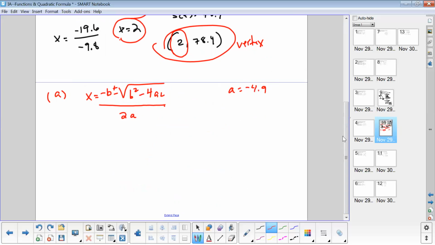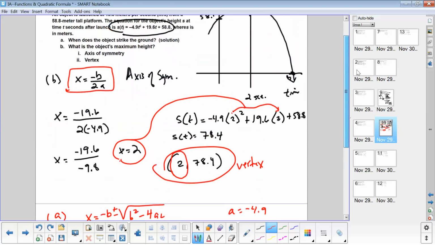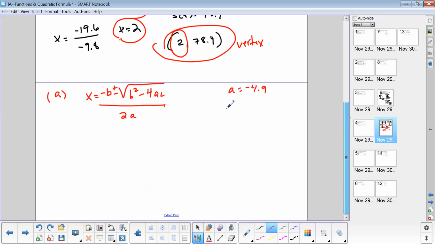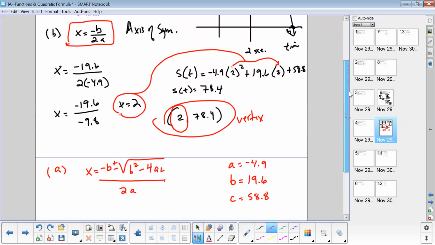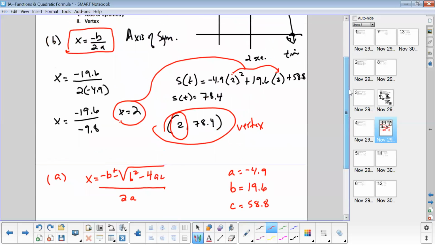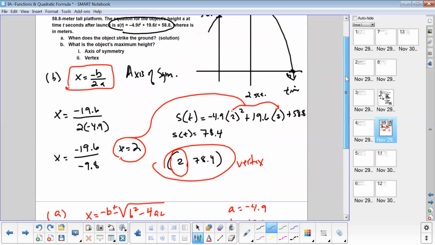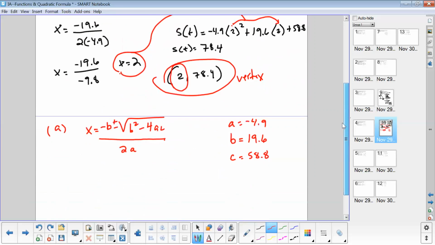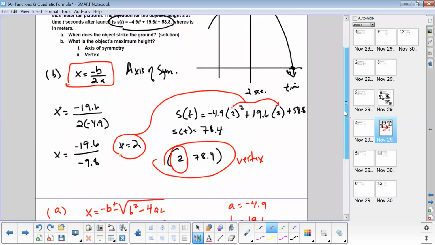And where do we get that? We get that from our original equation, negative 4.9. B is 19 6/10, and C is 58 8/10. I'm just double checking all my numbers from my equation. 58 8/10, yes. 19 6/10 for B, and negative 4.9 for A.